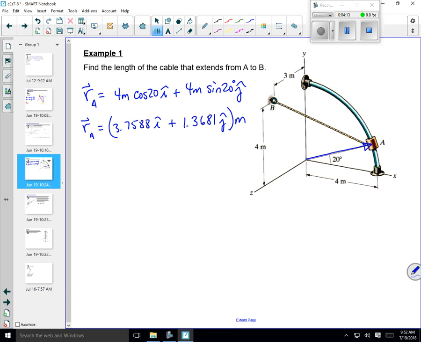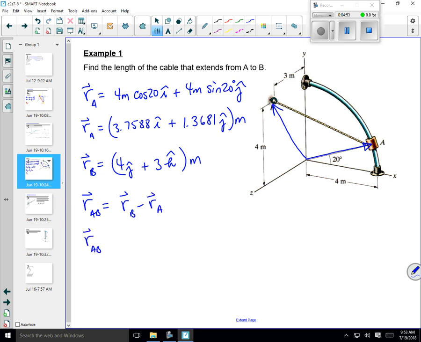And then I can do the same thing for the vector RB, which goes from the origin to the point B. The point B is in the YZ plane, so it has no x component, and it's just 4j plus 3k. Again, that's meters. So now the vector I'm interested in, the vector RAB, which goes from point A to point B, is RB minus RA.